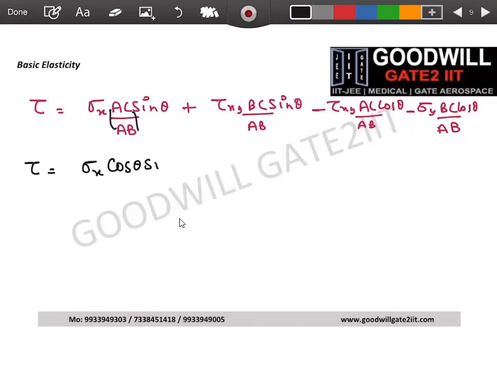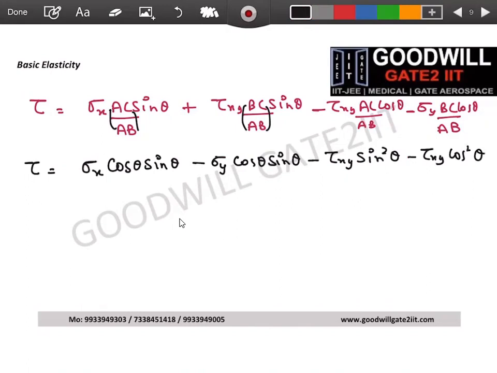Cos theta, sin theta. I'll write the sigma y term first here. This is again cos theta, sin theta, minus tau xy. What is BC by AB? Sin theta, right? So this becomes sin squared theta, and this becomes cos squared theta.